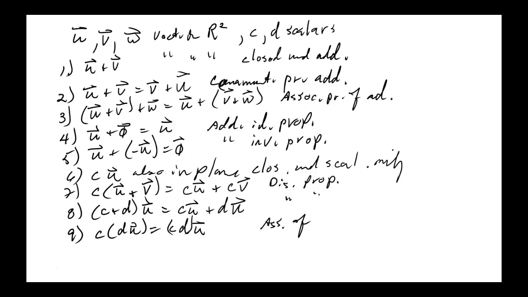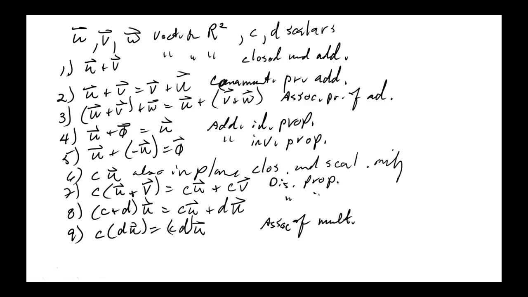The associative property here, we can do with scalar multiplication. It's multiplication, but it's scalar multiplication with vector multiplication, because we haven't defined what multiplying two vectors is yet. We know what multiplying a scalar times a vector is.